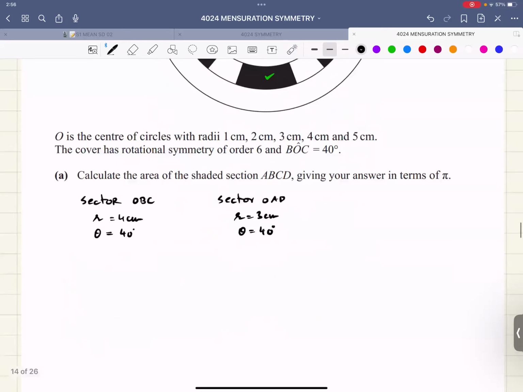And then what are we looking for? We are looking for the area of that segment. So area of the sector is 40 over 360 into 2 pi into R. R is 4. And over here, area of this sector is also 40 over 360 into 2 pi into 3.